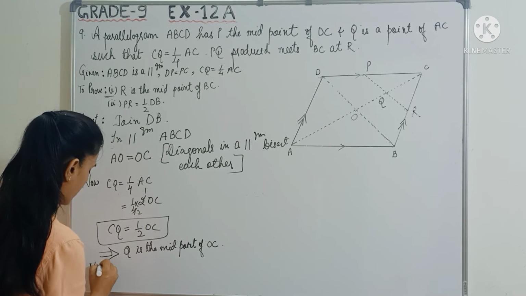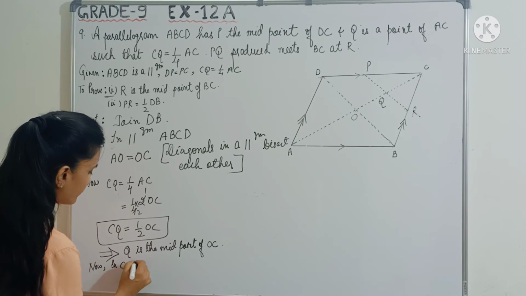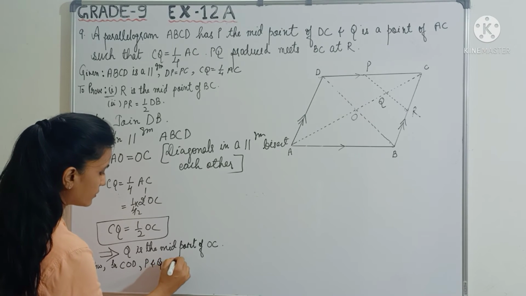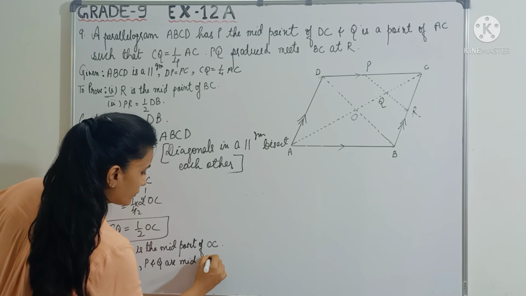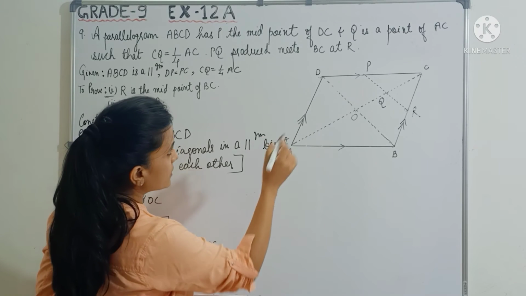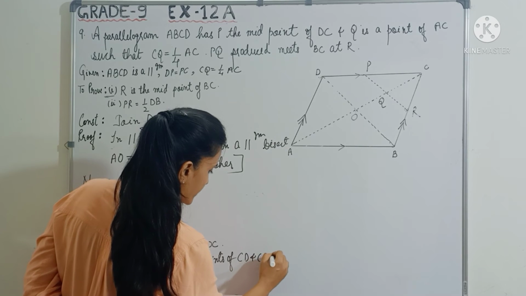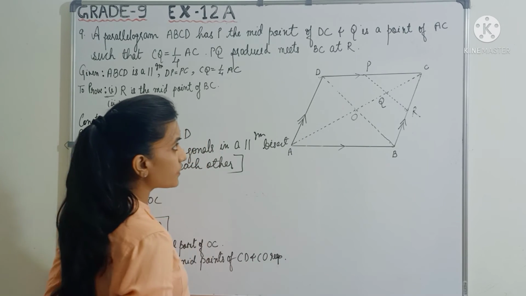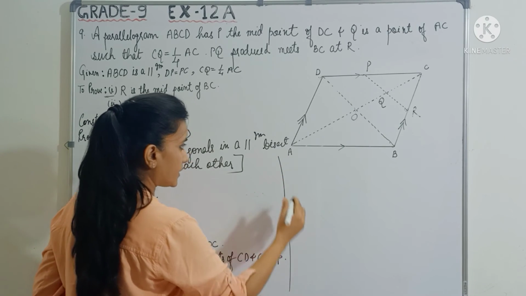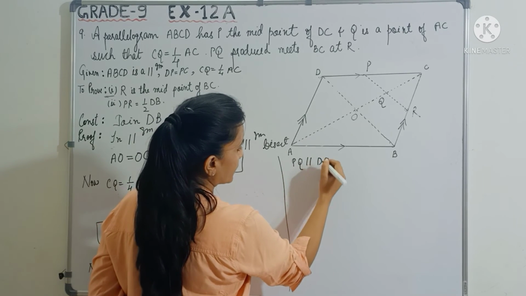Now in triangle COD, P and Q are midpoints of CD and CO respectively. This implies PQ will be parallel to DO, right? So this implies PQ will be parallel to DO.